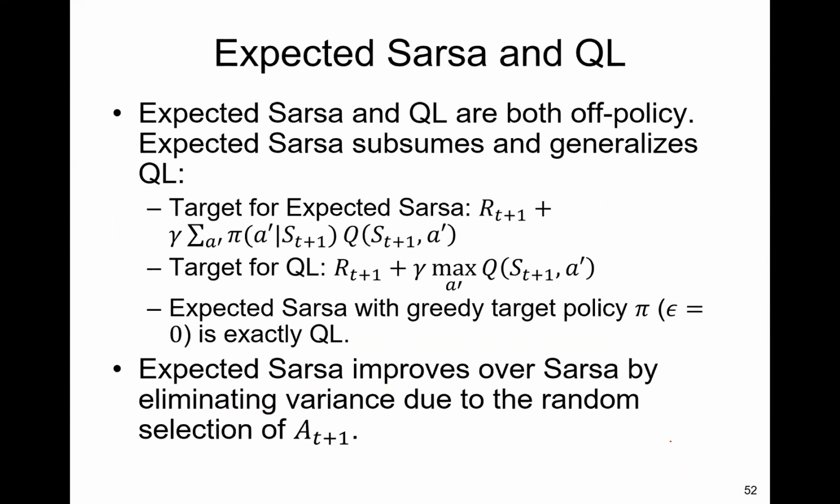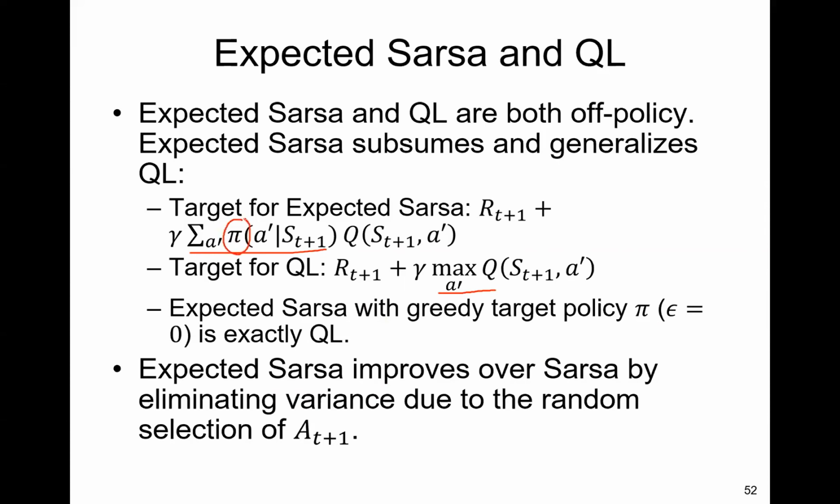Expected Sarsa and Q-learning are both off policy. Expected Sarsa subsumes and generalizes Q-learning. The difference in the targets is that one takes an expectation over A prime, one takes a max. But if the target policy for expected Sarsa is greedy with epsilon equals 0, then it's exactly Q-learning, because taking an expectation over a greedy policy pi gives you the max.